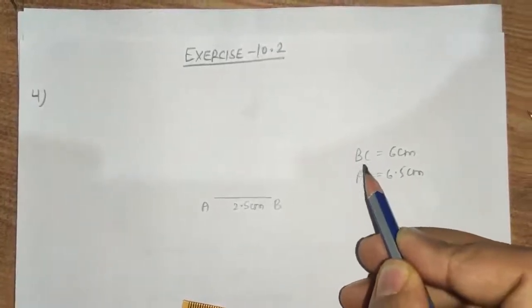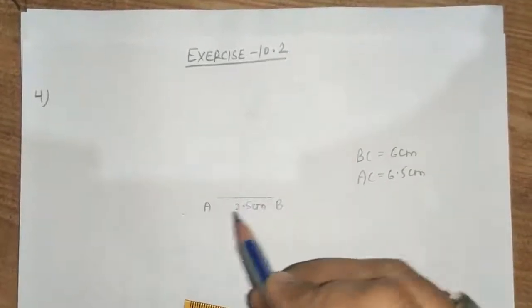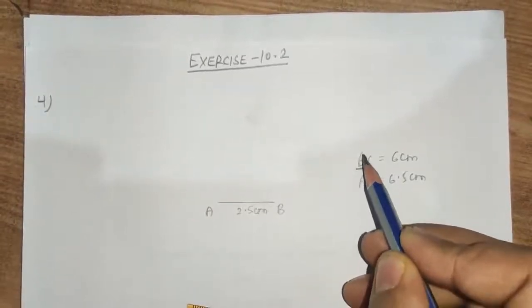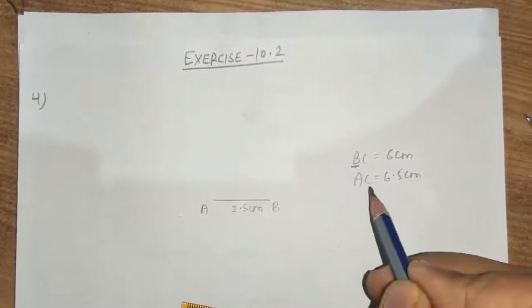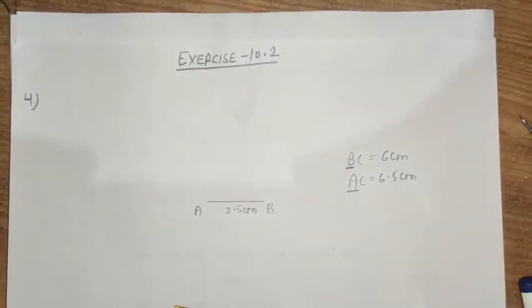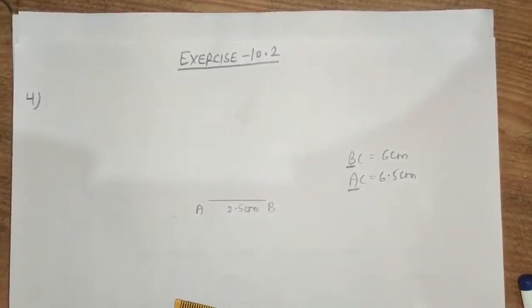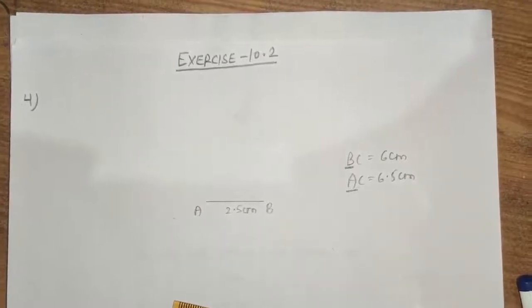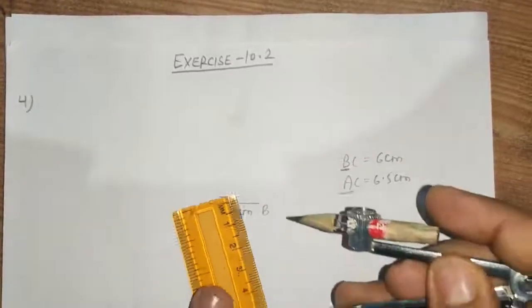Now here BC, C point is not there in the line, so we will draw BC from B, and AC, C point is again not there, so we will draw this AC from A. Now take 6 centimeter in your compass.